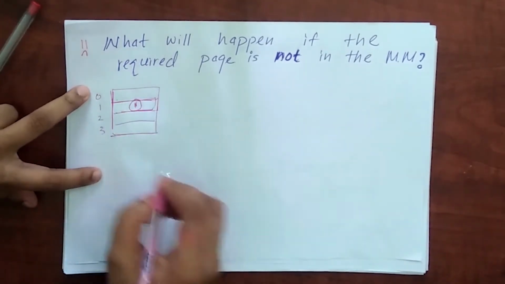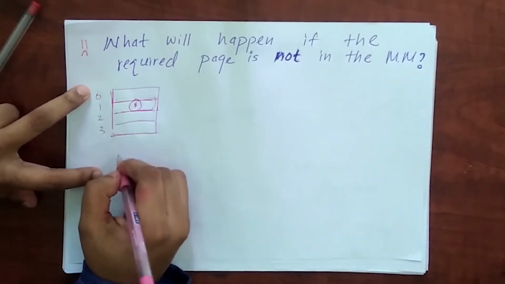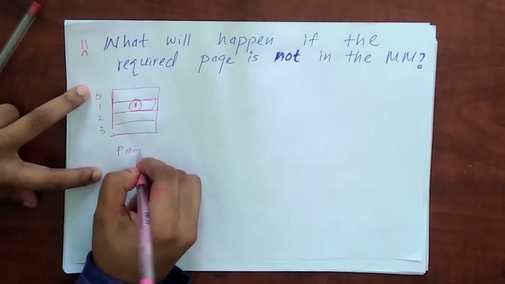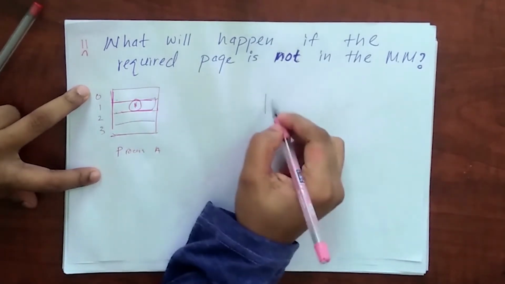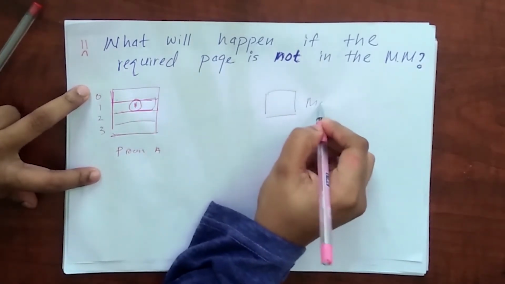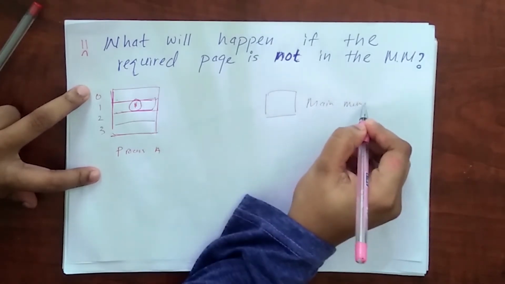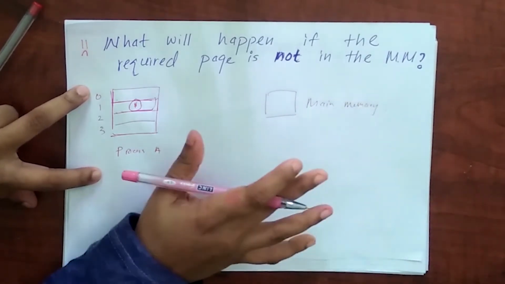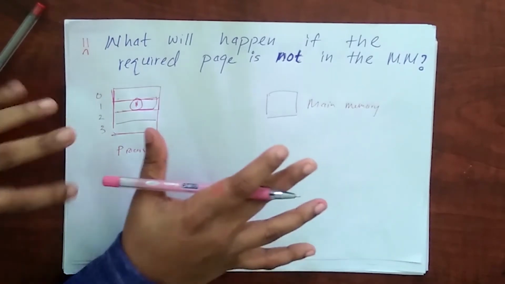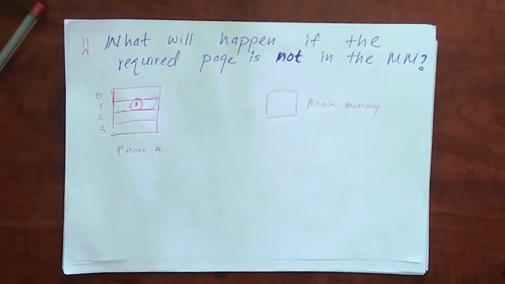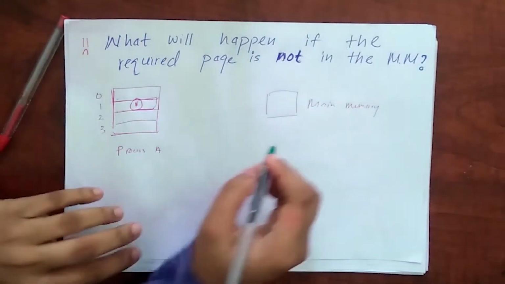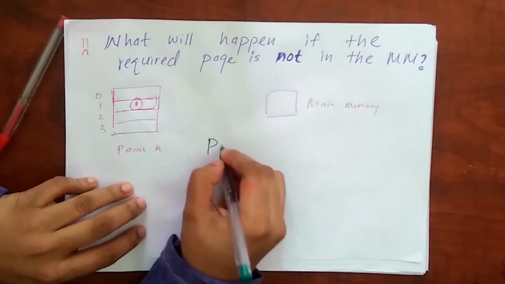This page 1 is required by the CPU. This is process A. But this page 1 is not in the main memory, right? So this is called a page fault.